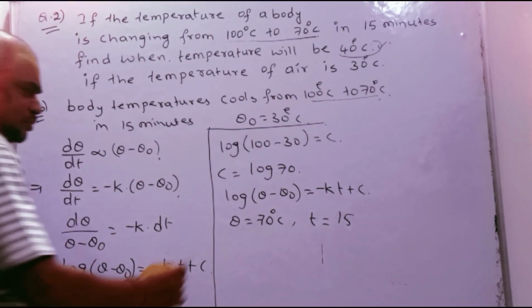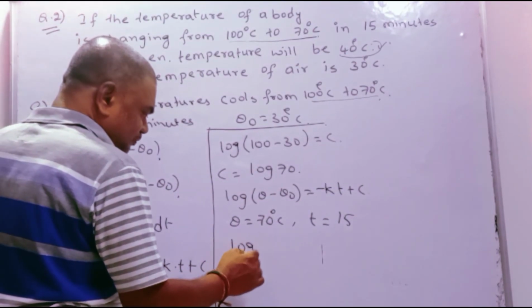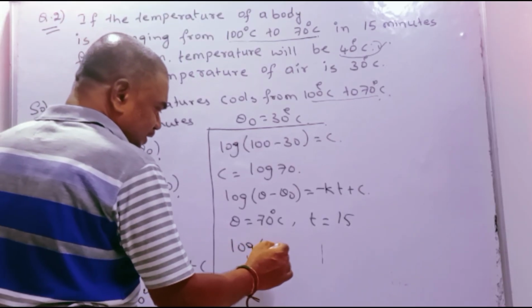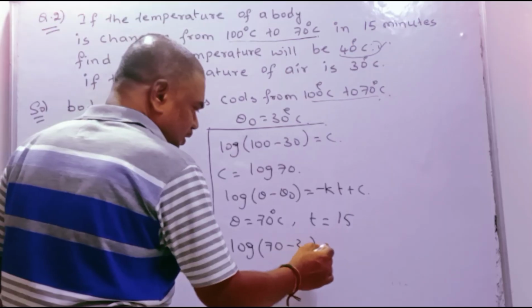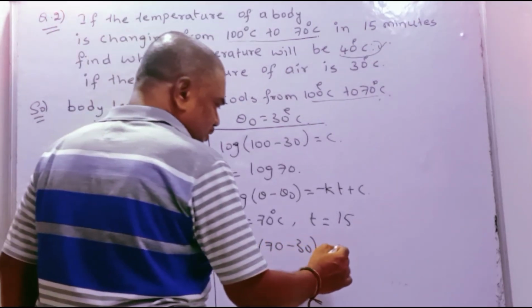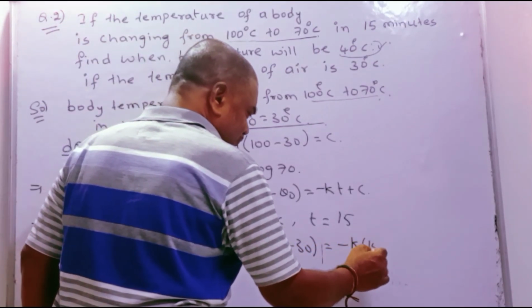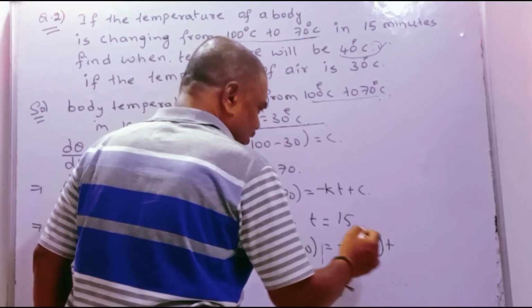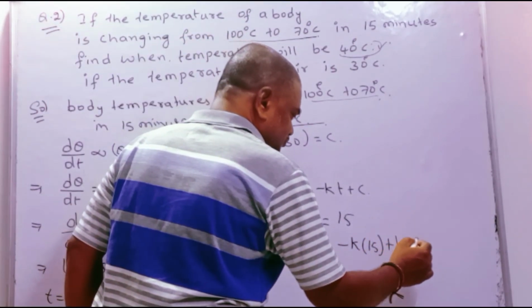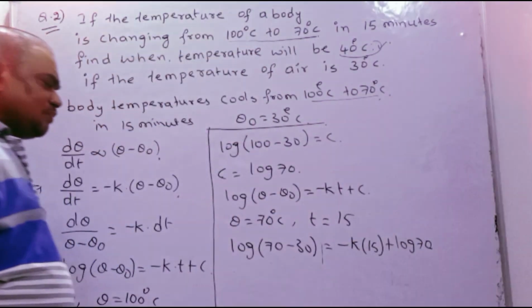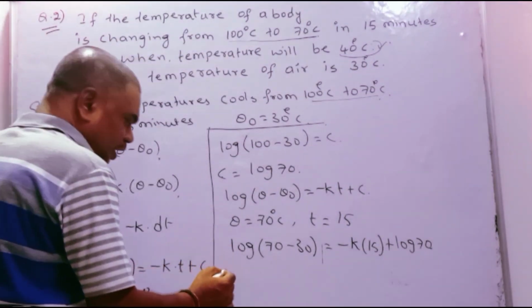Then substitute: log of (70 minus 30) equals minus k into 15 plus c. c is log 70. So this is log 40.